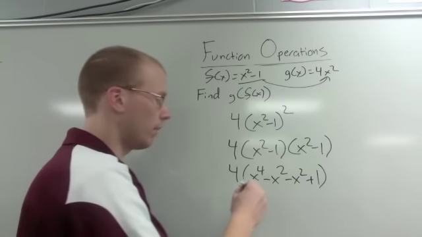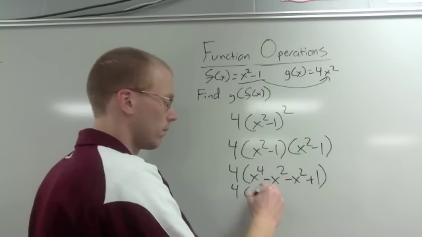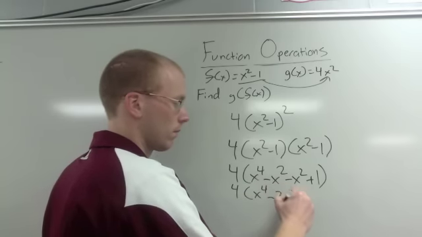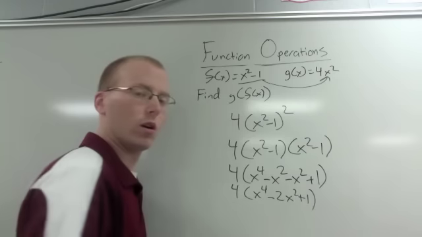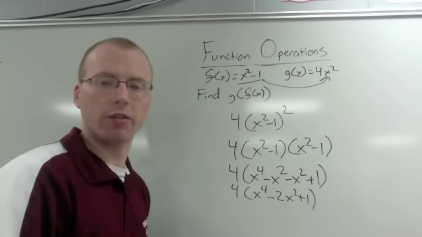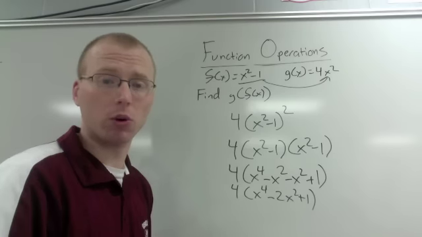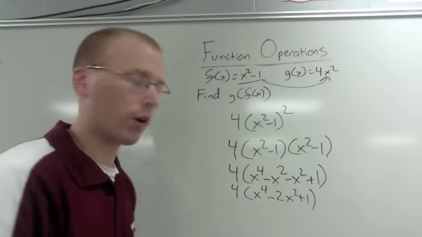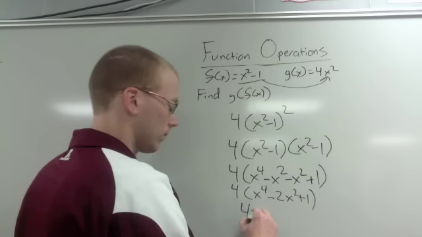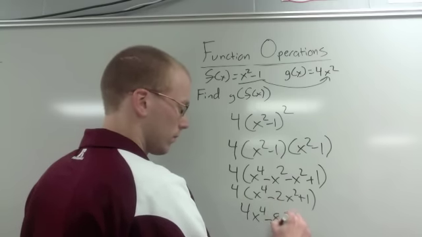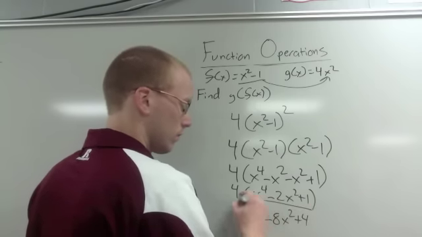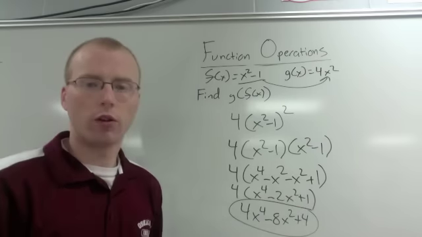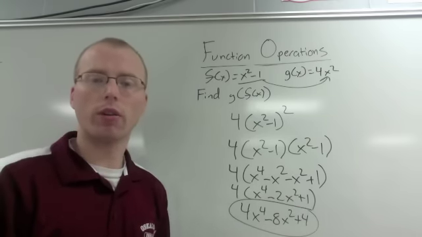If we simplify, we get 4 times x to the 4th minus 2x squared plus 1. Then we distribute the 4. So our final answer is 4x to the 4th minus 8x squared plus 4.